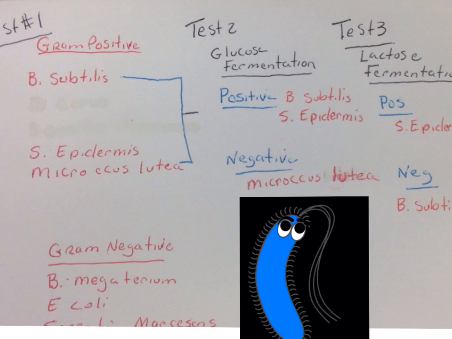So for a gram positive, I know, okay, my next test I want to run should be a glucose fermentation. Okay, my glucose fermentation was positive. Next test I need to run, lactose fermentation. If it's positive, I've got my Staph epi. If it's negative, I've got my Bacillus subtilis. So I've worked out in advance what test I should run based on the results of the previous test. And so I just go in and follow my key until I key out and identify my unknown bacteria.